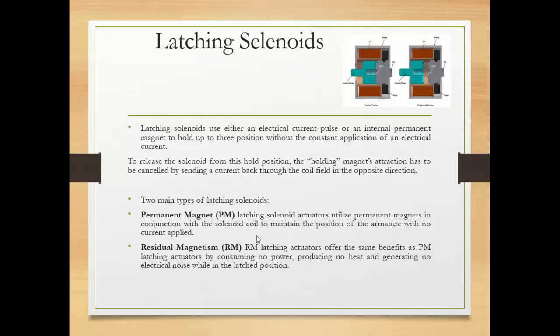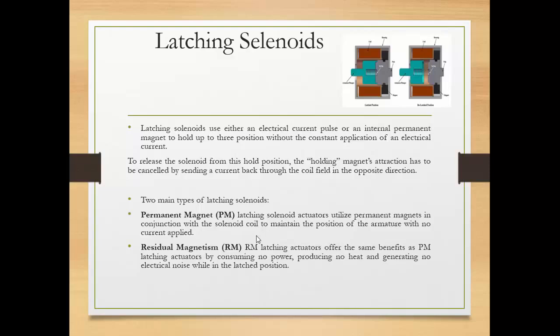Latching solenoids use an electrical current pulse or permanent magnets to hold the position when the solenoid is contracted, and to release the solenoid from the holding position, they use a current to make the solenoid go in the opposite direction. There are two types of latching solenoids.